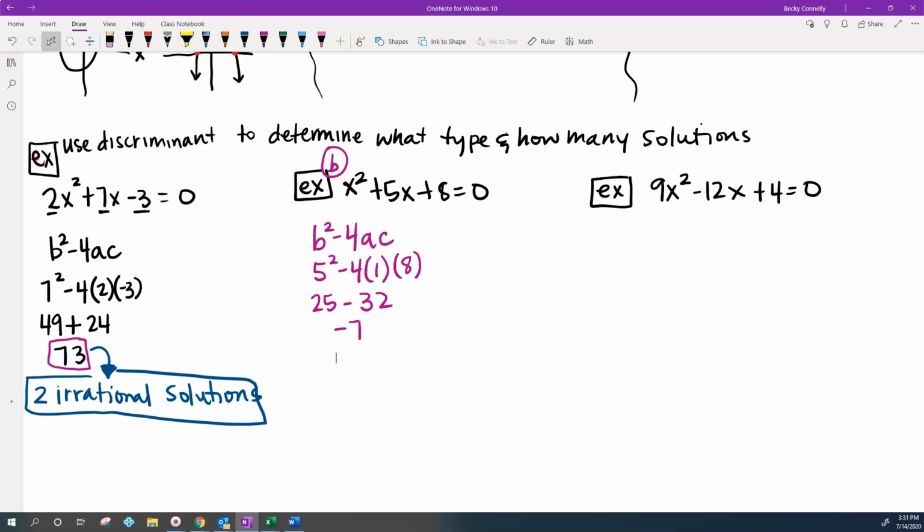I'm glad you said it that way, because there are definitely some things you could notice on that too about how to put that down. I just said 2 imaginary solutions, but 2 complex irrational would be definitely more complete.